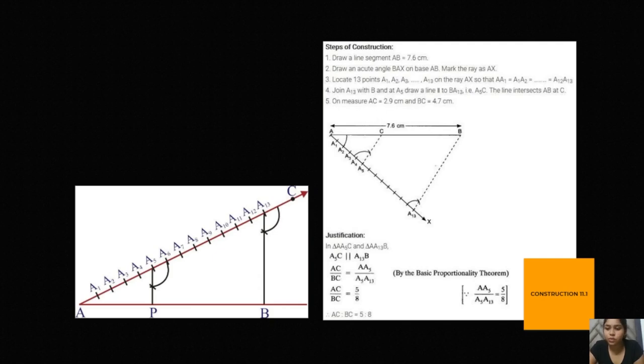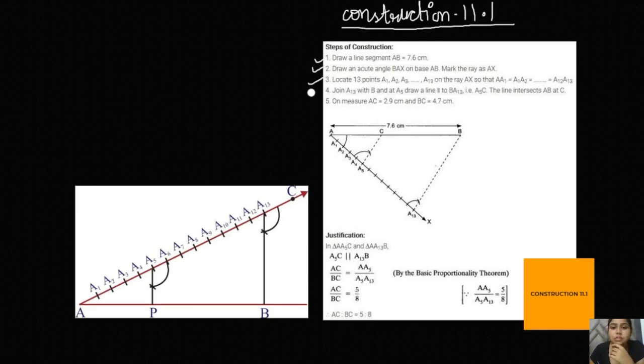Right, so let's begin with our construction 11.1. Please pay attention here and you will get it very clearly. There are some steps of construction written over here on the right side, and what you have to do is follow these steps and you will get your construction.